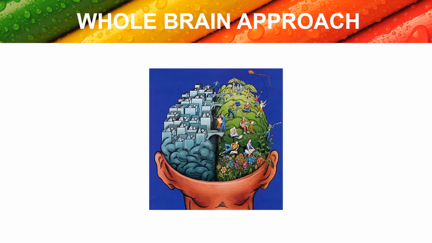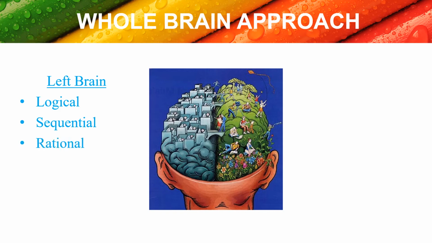Now, let's compare both sides of the brain and their working. The left side of the brain is logical. It is sequential. It works in a sequential, very systematic, organized manner. The left side of the brain is rational. It is analytical. It loves to analyze things to the minute details and is very objective, seeing things in a very precise manner.